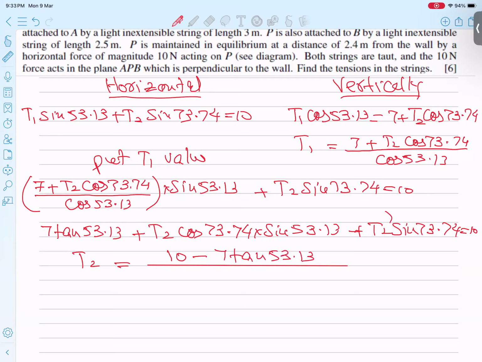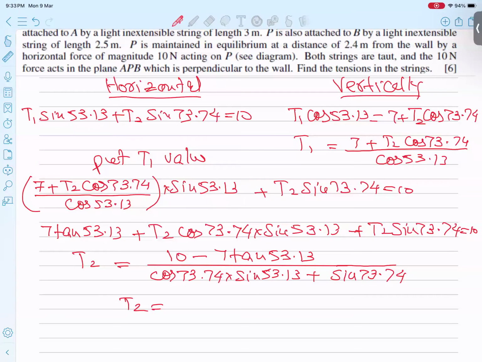From this, T2 is taken out as common, and what is left goes down. Look, I'm writing cos 73.74 times sine 53.13 plus sine 73.74. I'm going to type it in the calculator, and it will give me the answer.